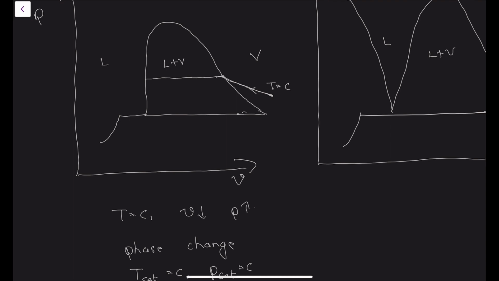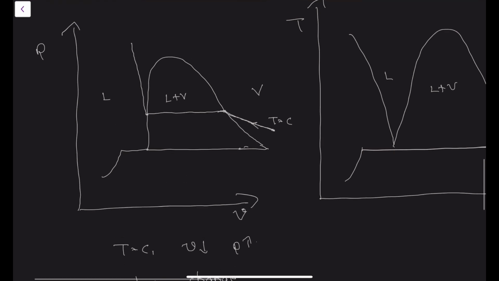Again, if you want to compress it, see, it has become a liquid. So you need to apply very high pressure because this liquid is almost incompressible. If you want to reduce the specific volume, you need to apply an enormous amount of pressure.